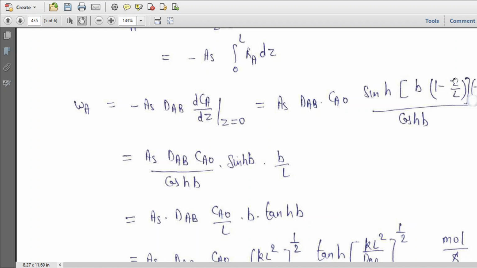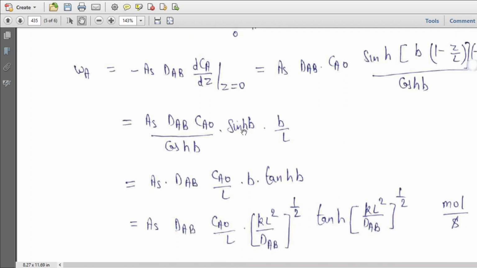This term becomes 0 and you get sinh b multiplied by minus b by L, divided by cosh b. So you have dAB Ca0 divided by cosh b times sinh b times b by L. This sinh b upon cosh b becomes tanh b.